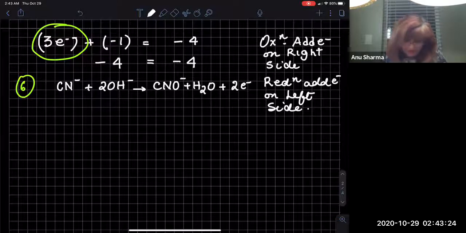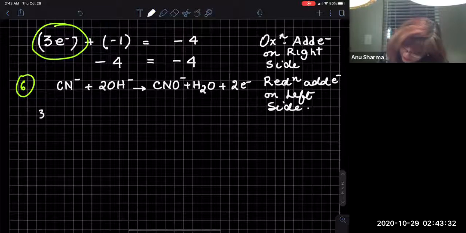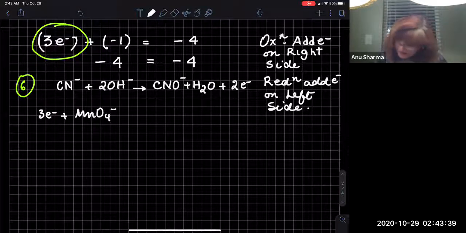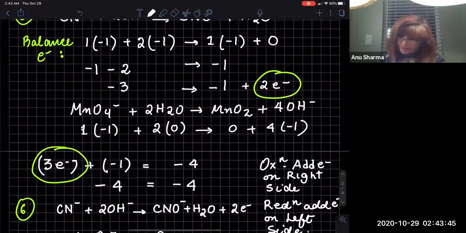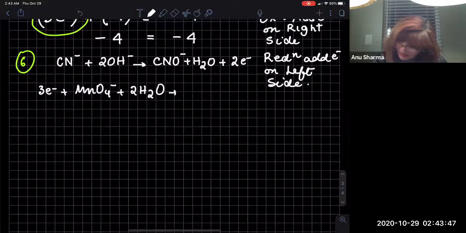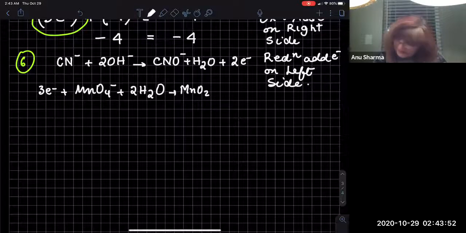Next you're going to take the 3 electrons you added here, you're going to put 3 electrons, plus MnO4 1 negative, plus 2H2O, and that gives you MnO2 plus OH 1 negative.